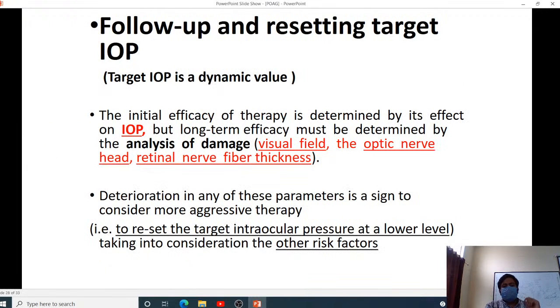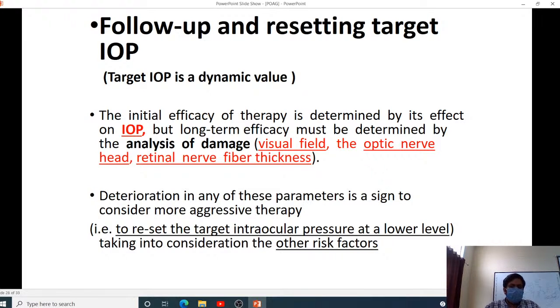Now what we do in the follow-up, once you have put the patient on medical therapy, or once you have done this surgery, your job is not over. You have to call patients every 3 monthly or every 2 monthly, depending on how much your target IOP is, and depending on how much the damage is in case of visual field. And on every visit you have to see the patient's IOP.